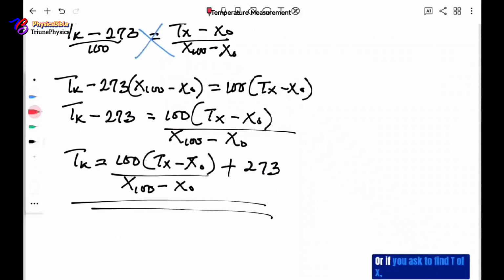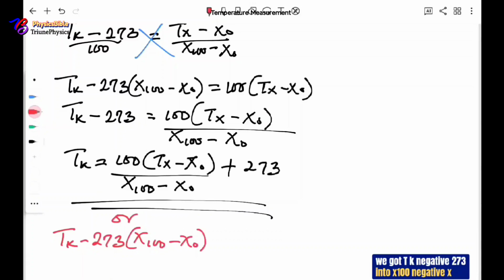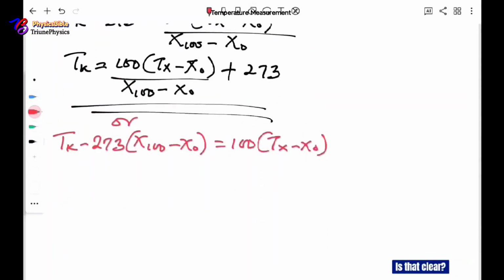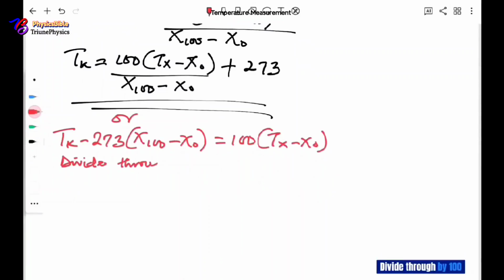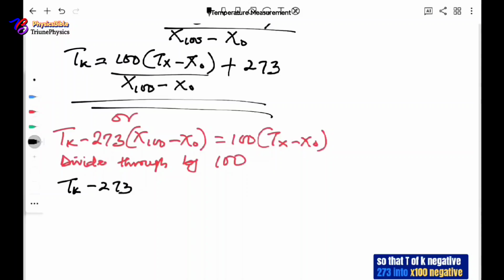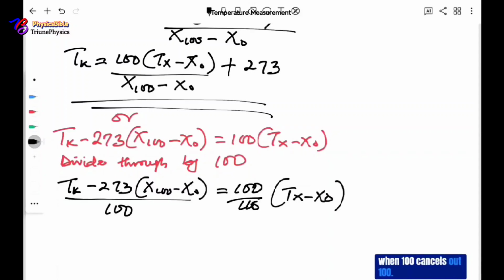Alright? Or if you are asked to find T of X, then T of X, unknown temperature, will equal T of K minus 273 into X 100 minus X naught is equal to 100 into T of X minus X naught. Is that clear? We'll divide through now. Divide through by 100 so that T of K minus 273 into X 100 minus X naught divided by 100 is equal to T of X minus X naught, when 100 cancels out 100.